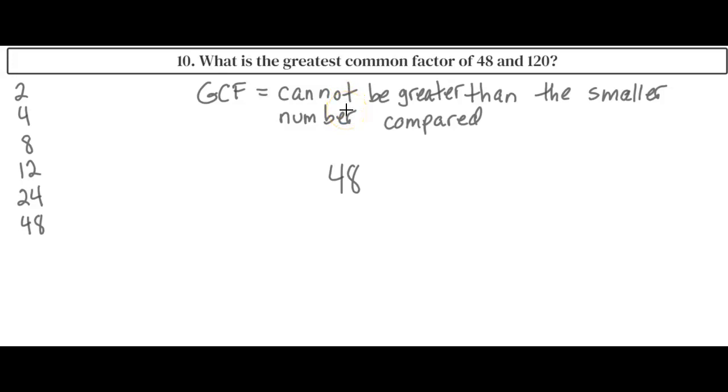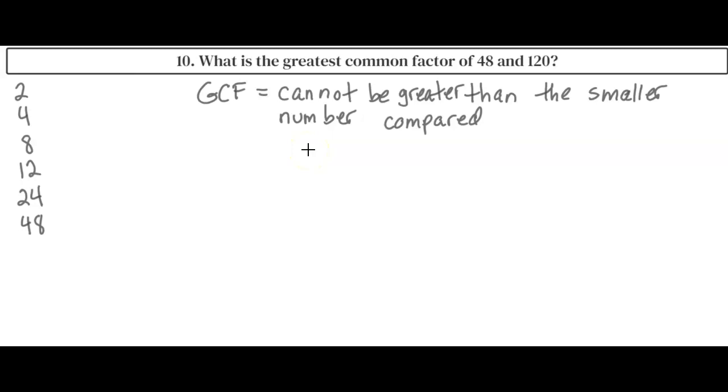Let's say we choose a number greater than 48 or larger than 48, which is 50. Can 50 go into 48? Absolutely not. Which is why we have to use a number smaller or less than the smaller number being compared, which is 48.